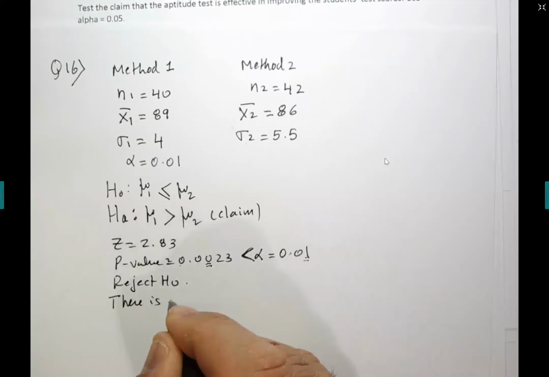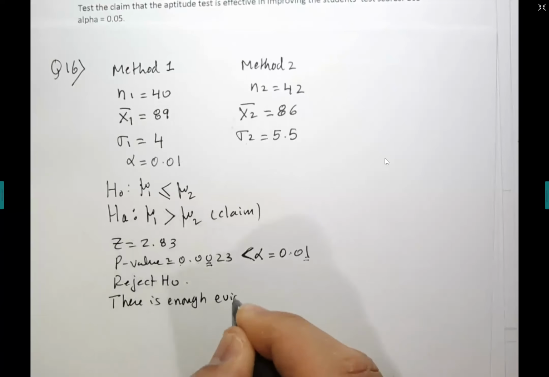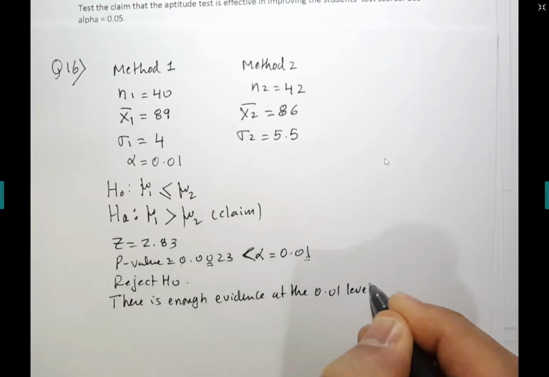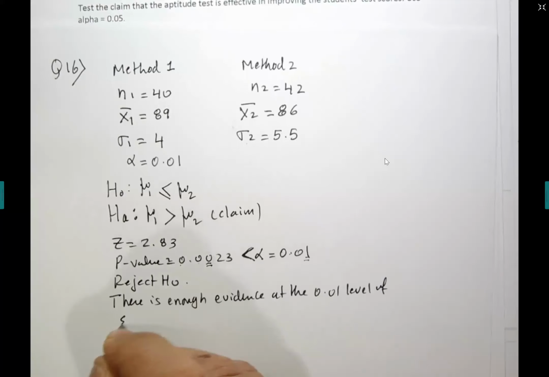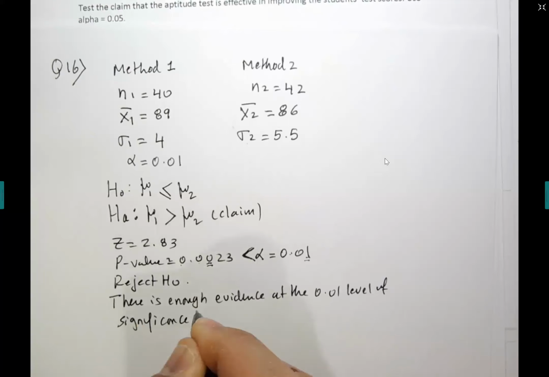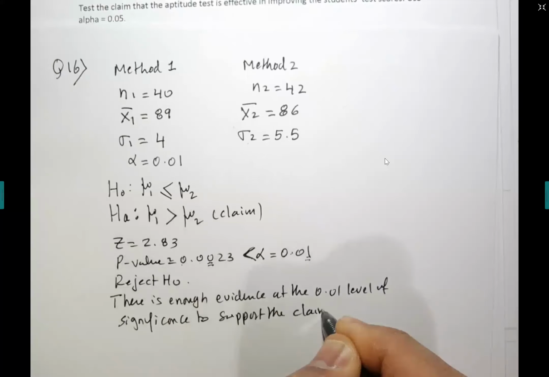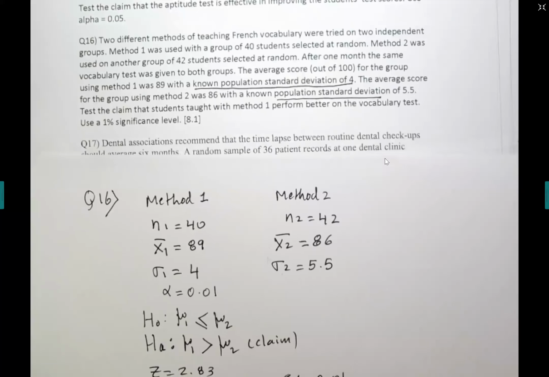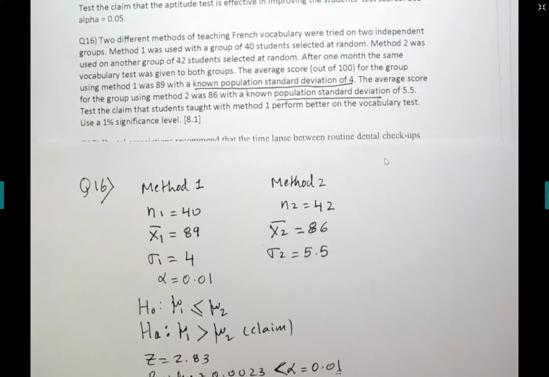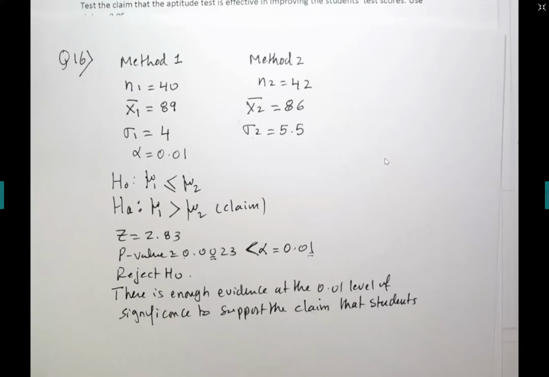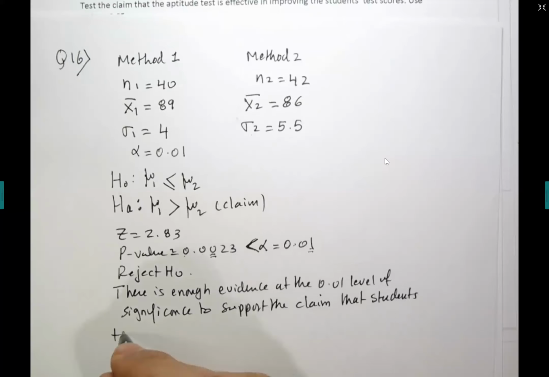A student put this statement: at the 0.01 level of significance, there is enough evidence to support the claim that students taught with method 1 perform better than students who were taught with method 2. I'll just copy and paste, guys.